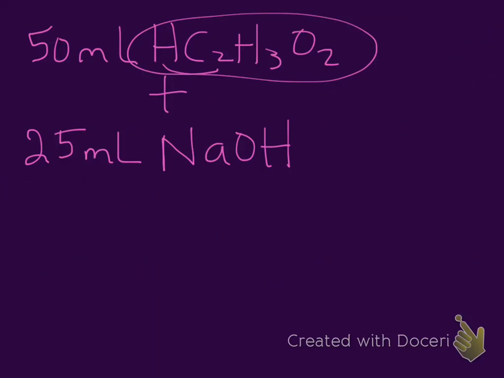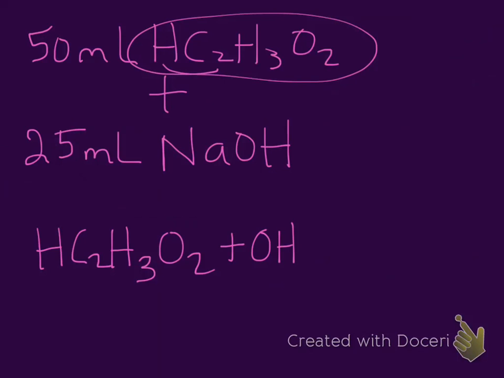And what this is going to do is it's going to cause a chemical reaction between the weak acid and the strong base. And when we add the strong base, we get rid of the Na. This is going to go only in one way, okay? And when we do that, we're going to end up with, and I'm going to run out of room here, the conjugate base, C2H3O2 minus, and we generate water.